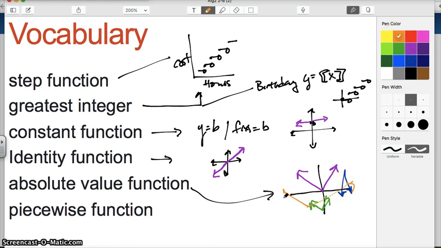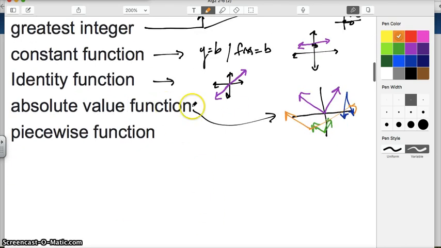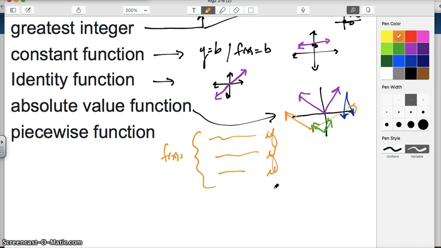So we're looking for a V shape when we're thinking about absolute value. And our piecewise function is given as f of x is equal to, and we get a curly bracket, in a sense a set of rules, like if x is this, if x is that. There's always an if, and this information is usually domain information.